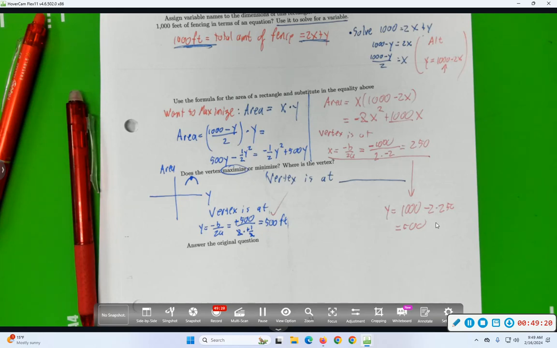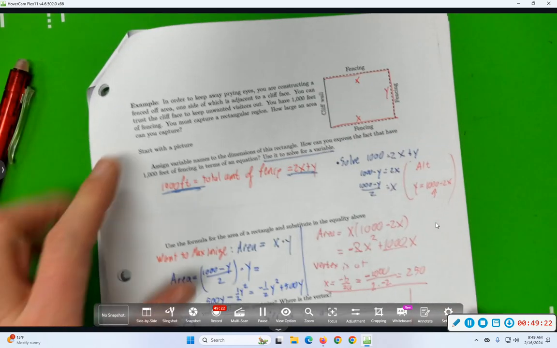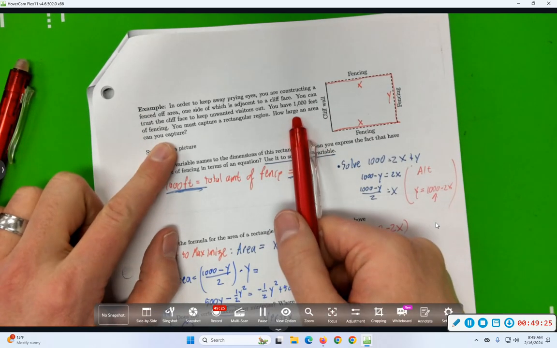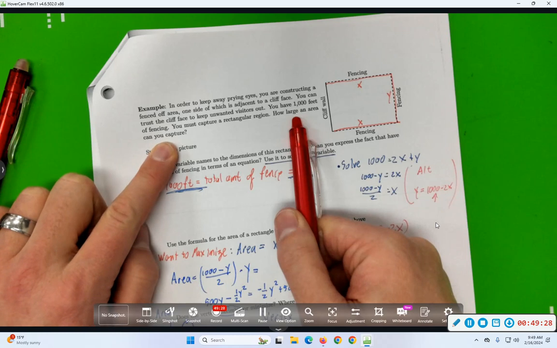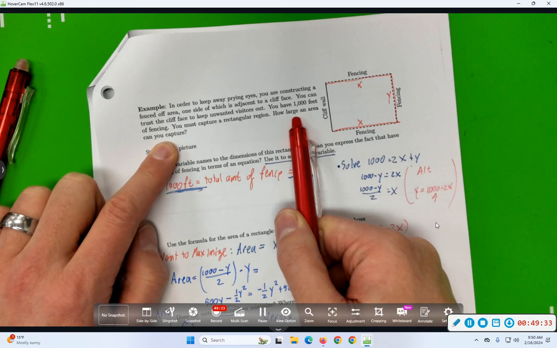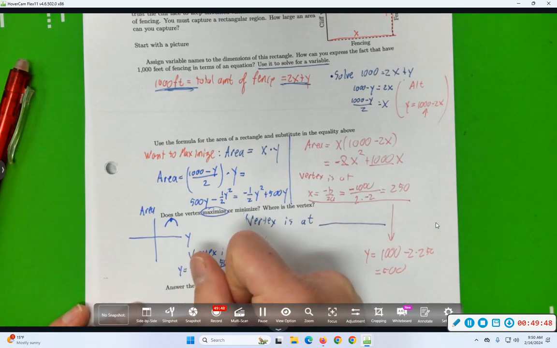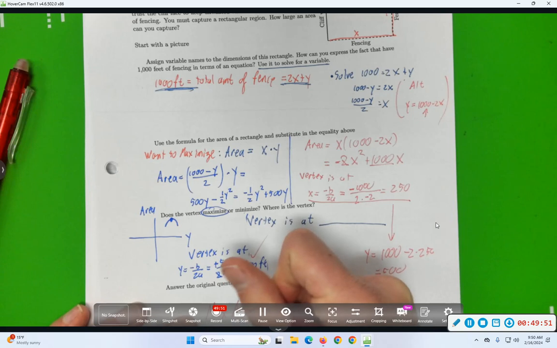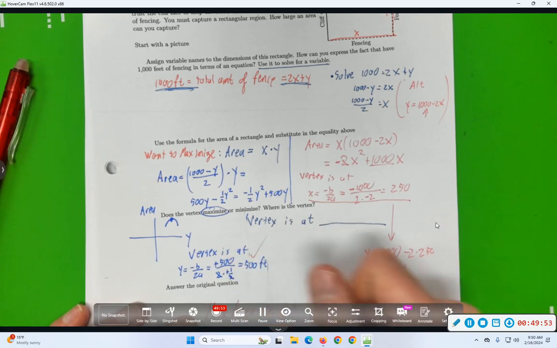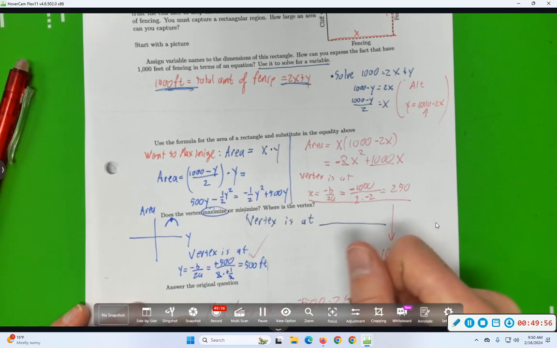So let's now make sure we're answering the whole question. How large an area can you capture? Have we answered that question yet? No, but we basically have, right? How much area have we captured? Whatever x times y is, right? So the max area is x times y, which is 500 multiplied by 250.